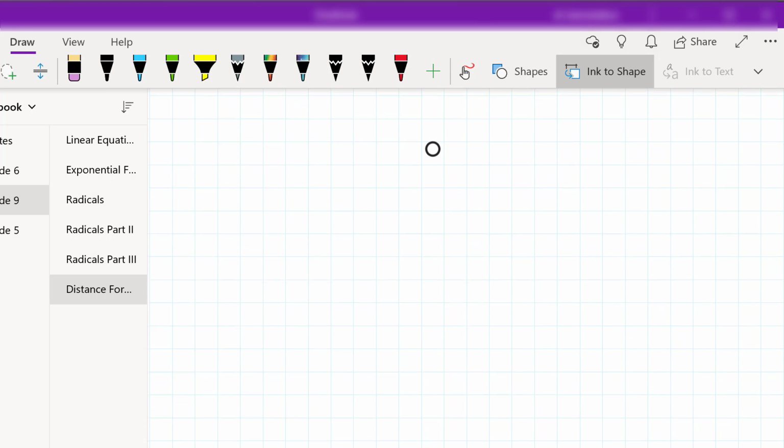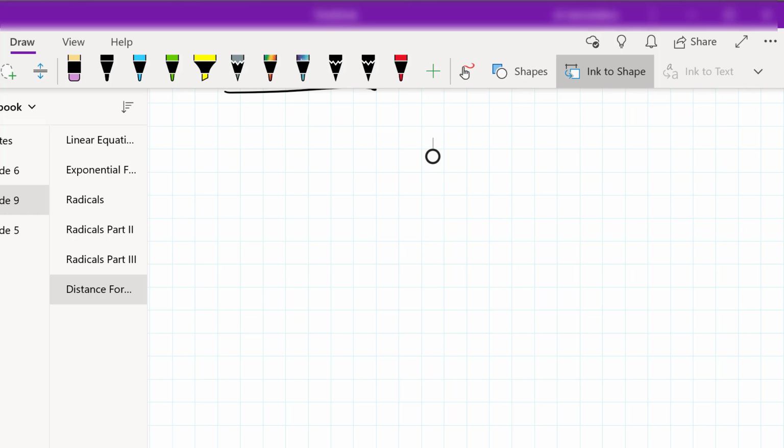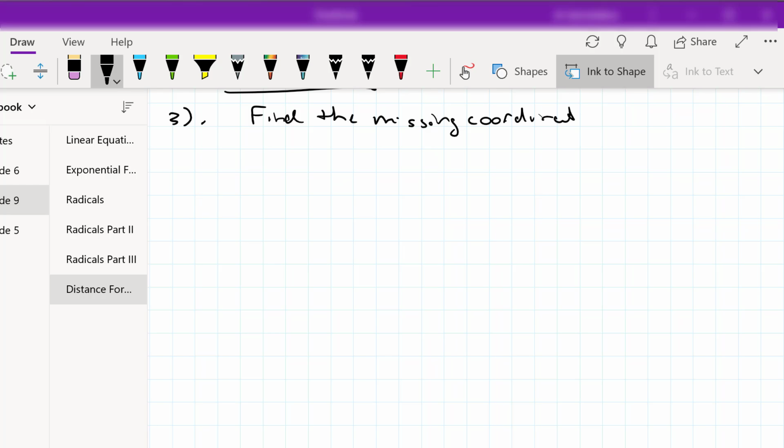Another useful aspect of this formula is that we can find a missing coordinate. For example, if I had to find the missing coordinate, and I was given 5, a is the unknown, and the other coordinate is 6, 1, and we were told that the distance between these two coordinates is the square root of 10.